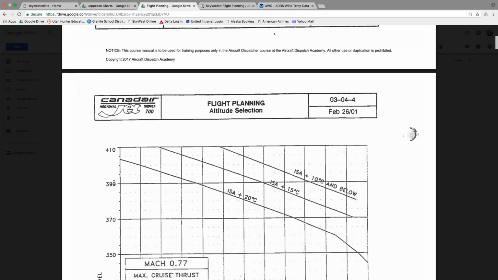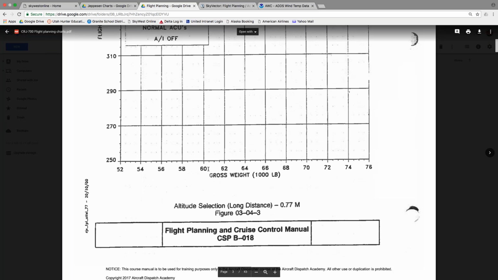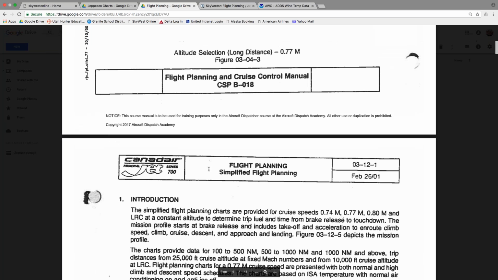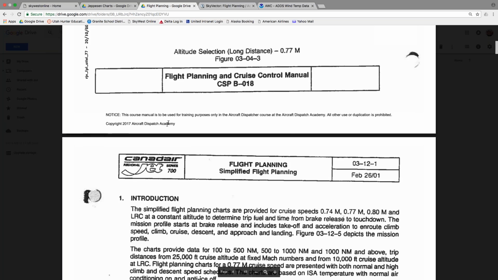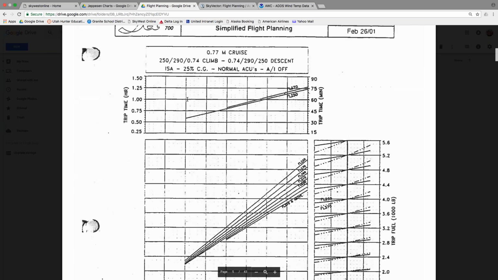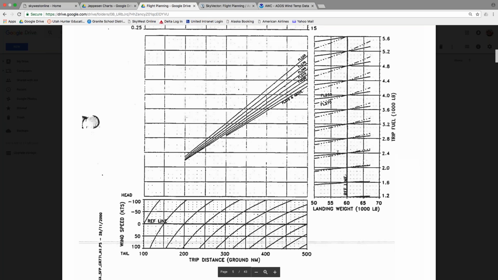Basically, we just want to go the highest 2,000 we can, because you burn more efficiently there. So now we've got our cruise capability, and our simplified fuel. What did we come up with? Just a hair under 52, so we'll round it up to 5,200 pounds.